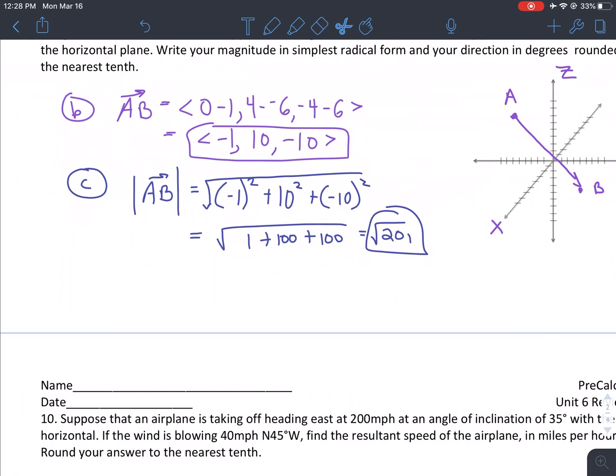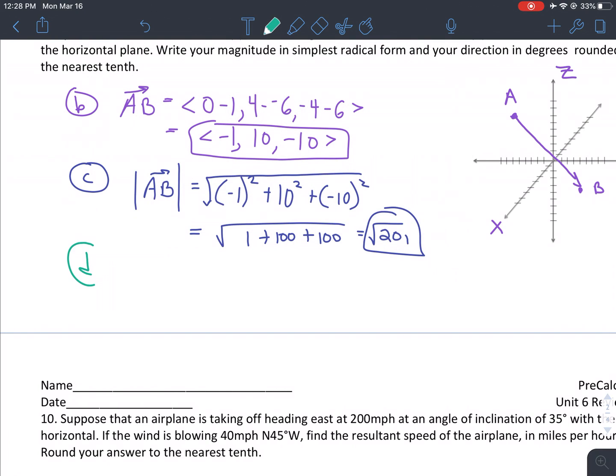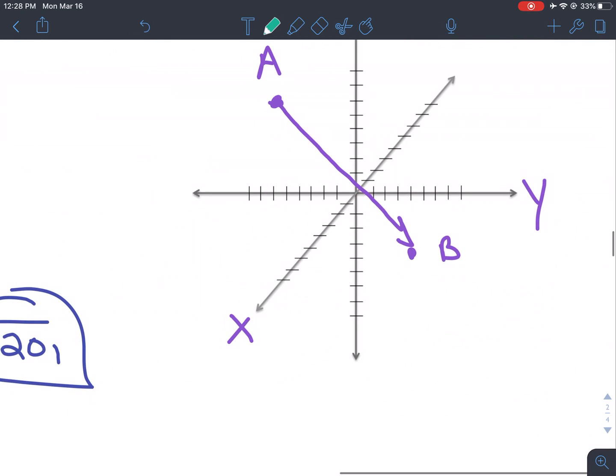Find the angle theta with respect to the horizontal plane. We're going to round our degree answer to the nearest tenth. Now this vector, which is hanging out in space, can be moved anywhere I want. That means I'm going to conveniently draw it starting at the center.